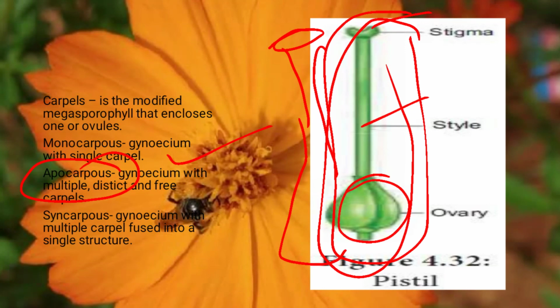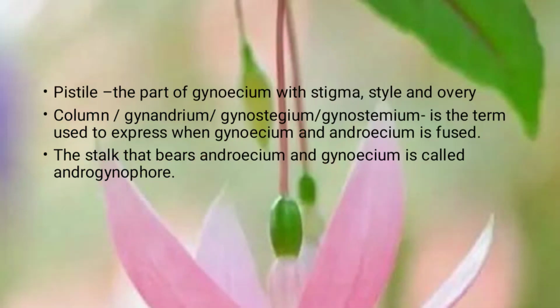So two, three or many carpels are not fused and are separately present in the same flower. Sometimes the carpels will be fused together and appear to be a single carpel. These are called syncarpous ovaries. So syncarpous in nature.